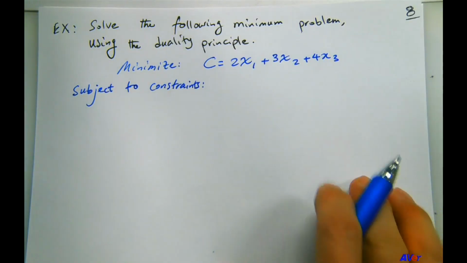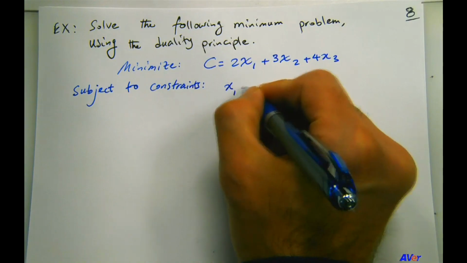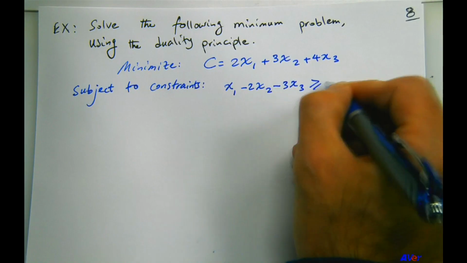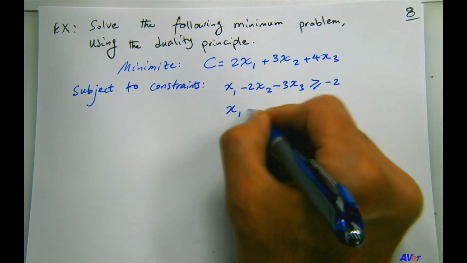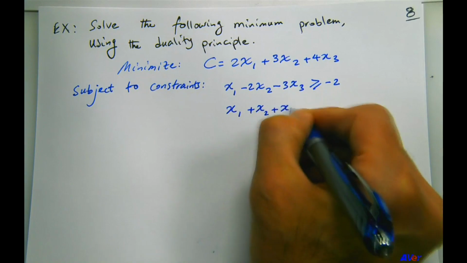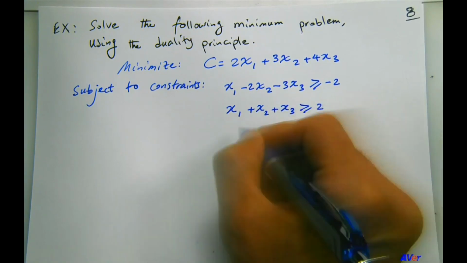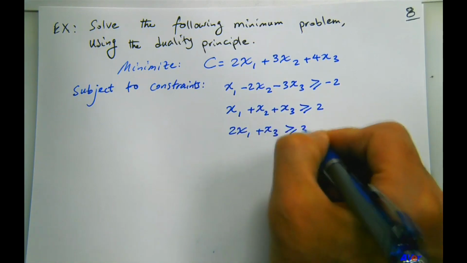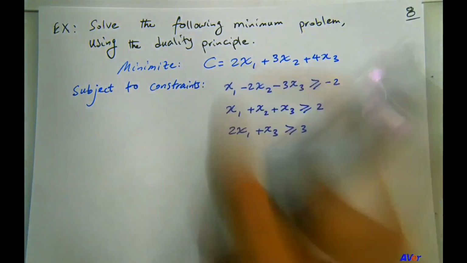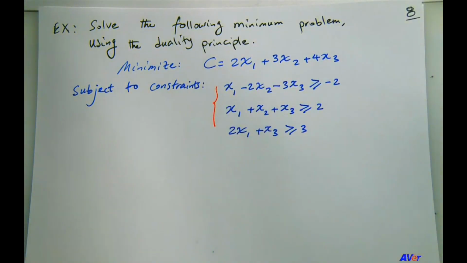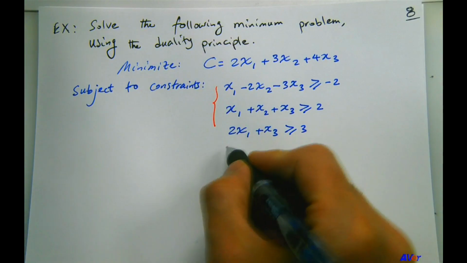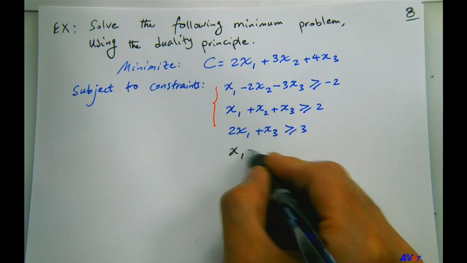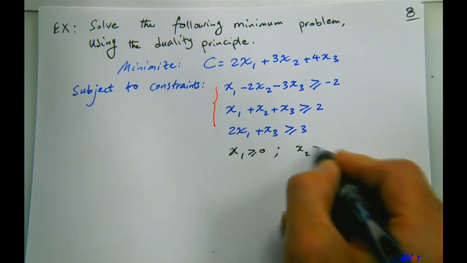And so we have these three constraints. So we have that, and of course the requirement that all three variables have to be positive, right? So we have that like that.